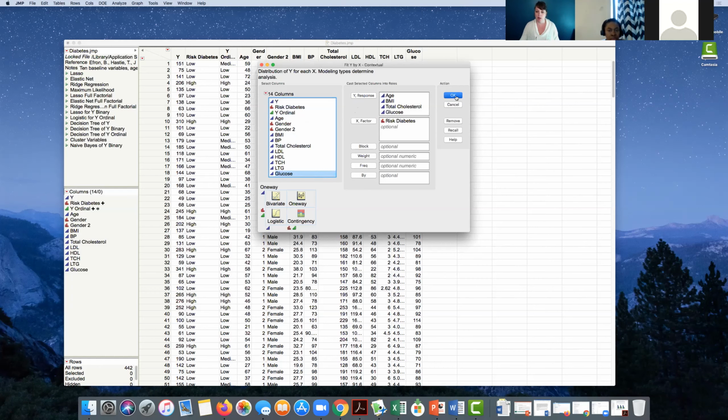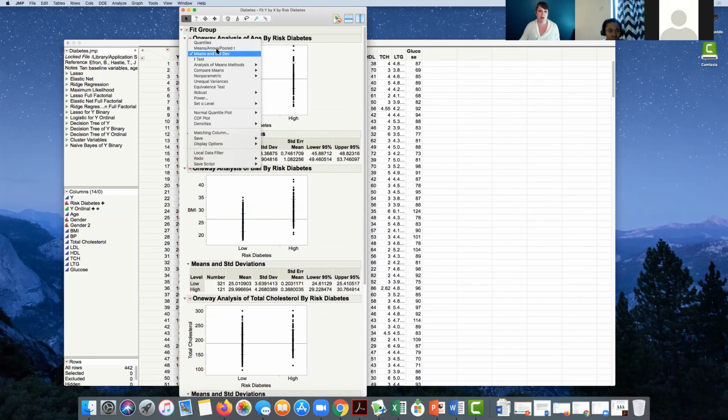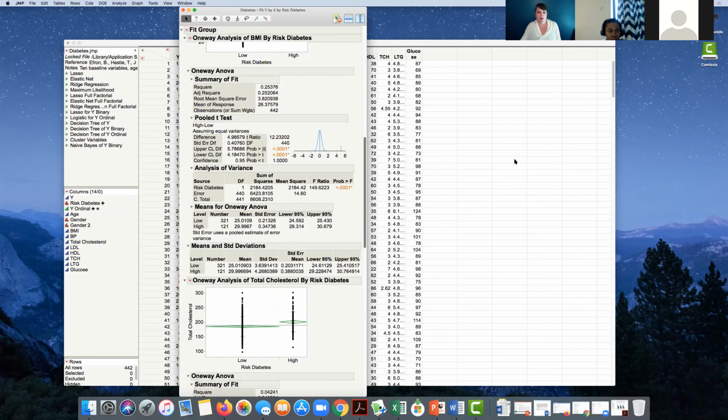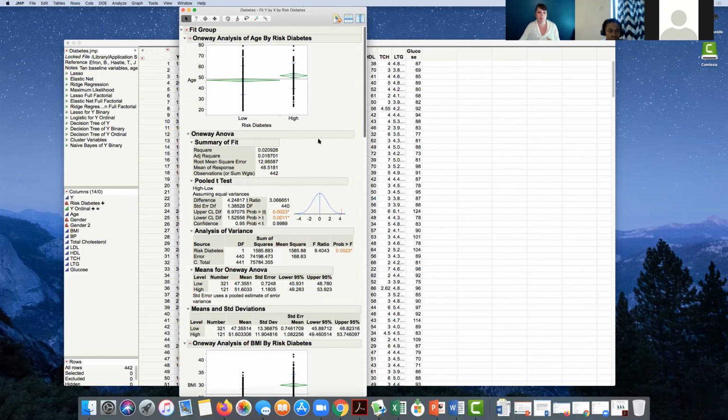So I can just press OK here, and we get the group means that you've seen before. And if I look at my means and standard deviations, I can ask it for a t-test, and I can say, okay, it looks like we have a lower age.